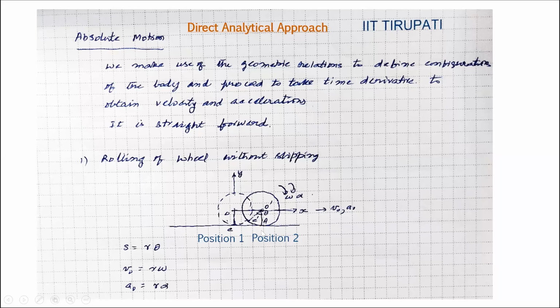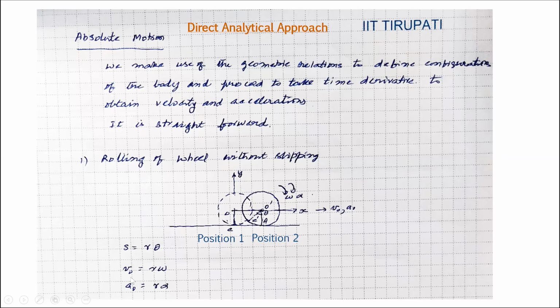Since it's rolling without any slippage, this arc is supposed to be equal to OO prime. So the distance traveled S is equal to R times theta, the arc length, related to theta as R theta.